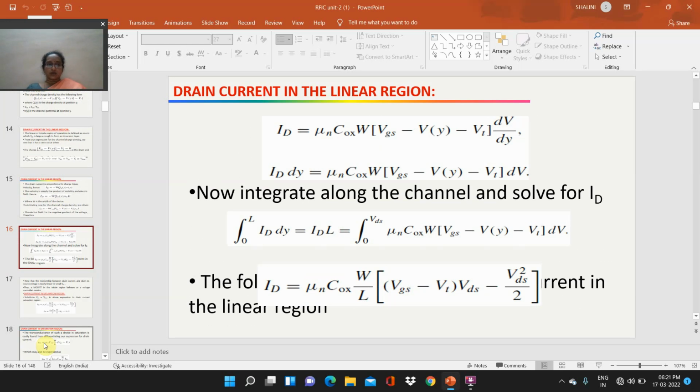So ID is equal to mu_n Cox W (VGS - V(y) - Vt) dV/dy.